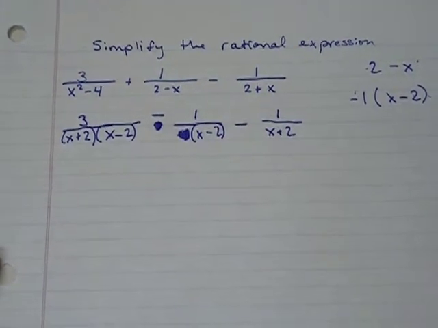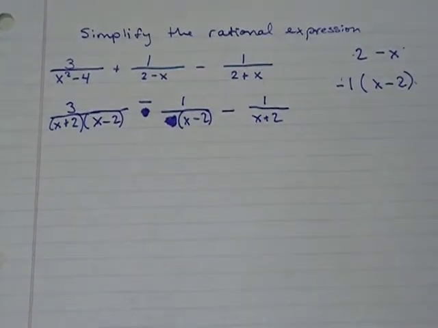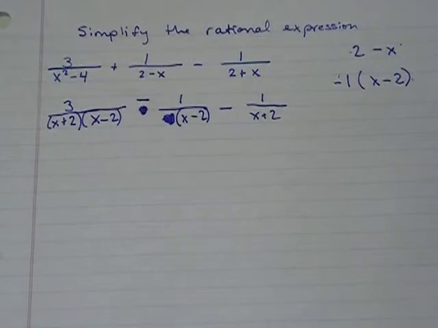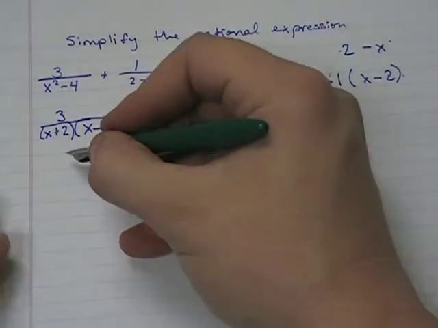Okay? So anyway, now that we've got it written like this, I think the LCD is very obvious. The LCD is x plus 2 times x minus 2. So I'm going to multiply each fraction by a portion of the LCD so that all three fractions have the same LCD. So here's what we do.